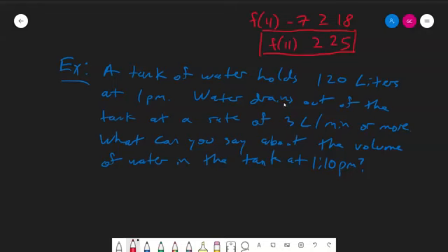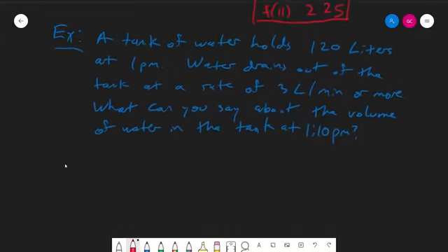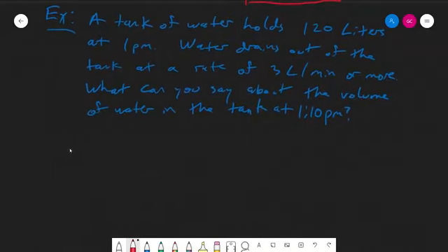And this is a little bit silly almost, because you really don't need calculus to solve this problem. I mean, you start off with a tank that has 120 liters in it, and you're having some water flow out at a rate of at least 3 liters per minute.